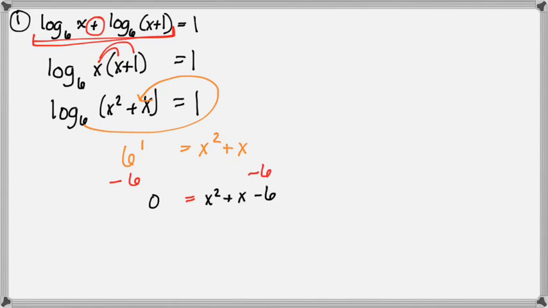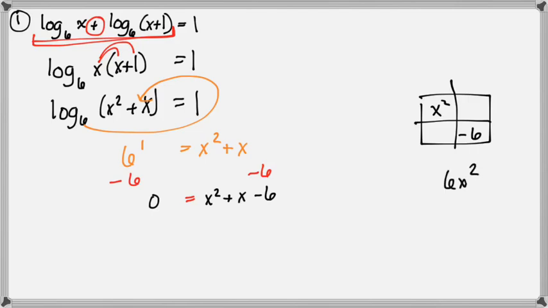To solve a quadratic, we factor or use the quadratic formula. I'm going to factor. I'm looking for the two numbers that multiply to give me negative 6x squared and combine to give me 1x. That's going to be a 3x and a negative 2x.